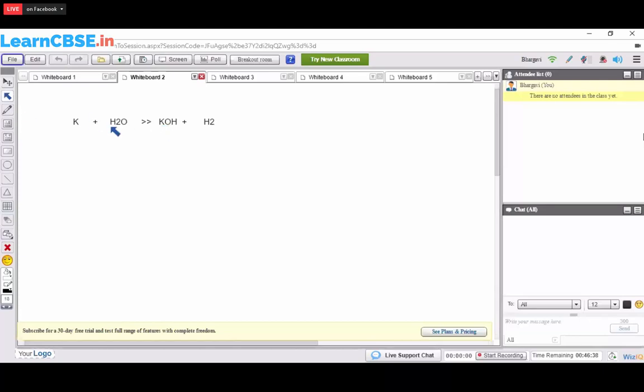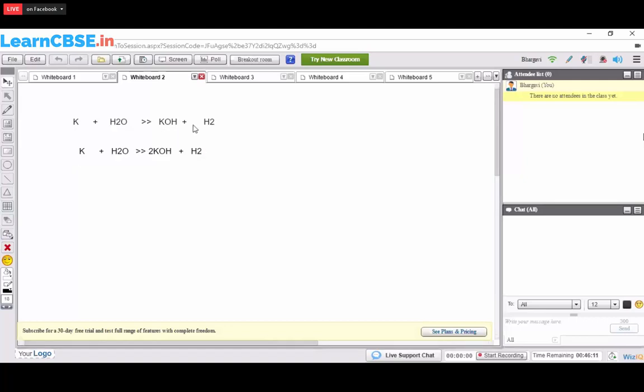Now what we can do is, there are 2 hydrogen atoms over here. First we'll balance the hydrogen. K plus H2O gives 2KOH plus H2.